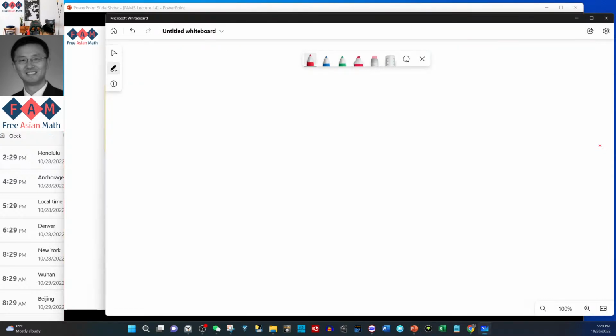Okay, so L minus M plus N. What is this? Well, this is L subtracting a number, right? But we know this can be written as L plus the negation of that number. Remember, we established that subtracting a number is just adding the negation of that number.